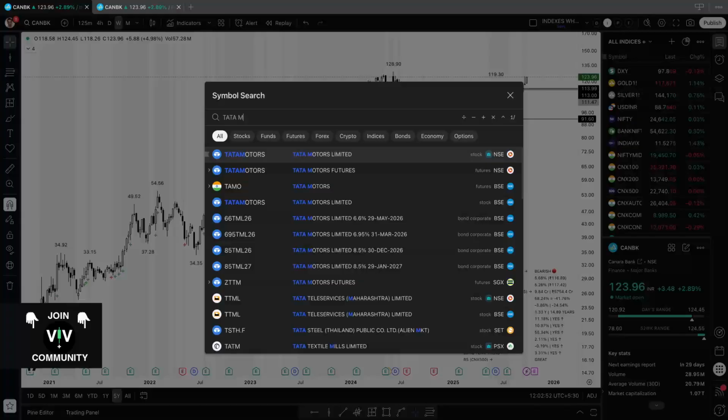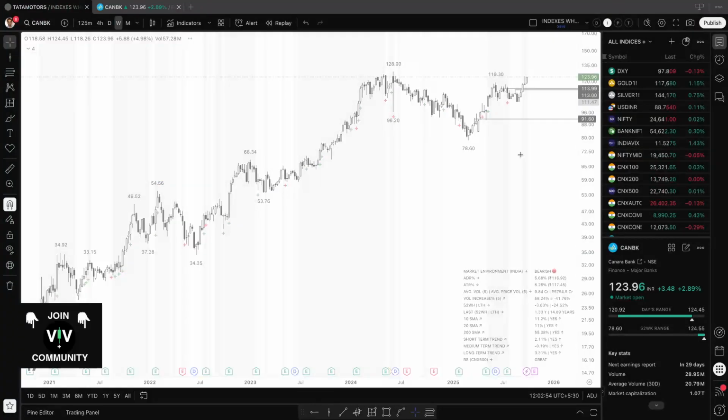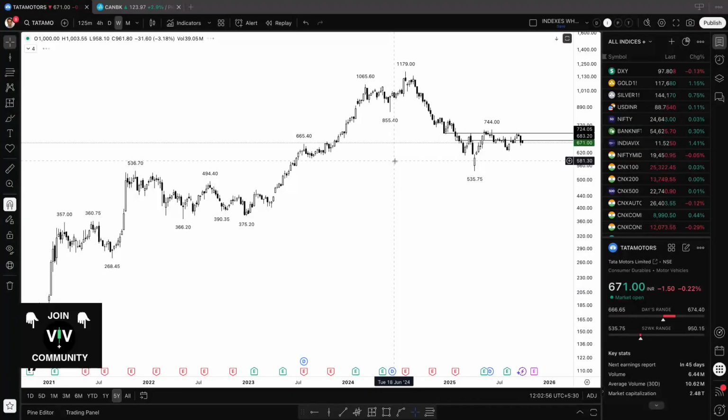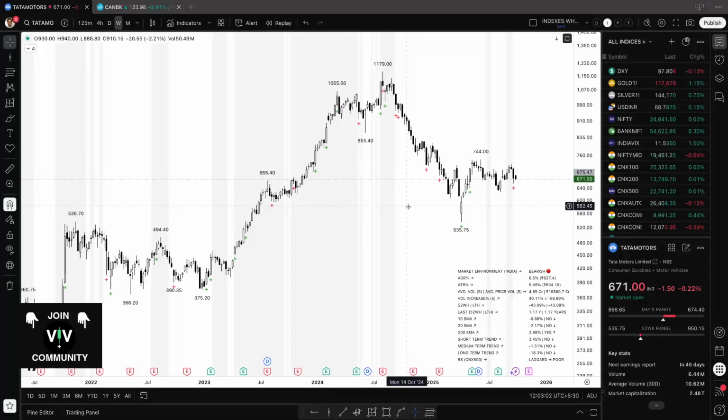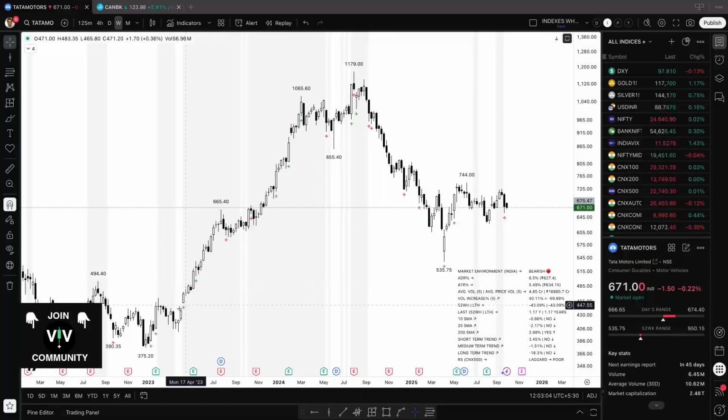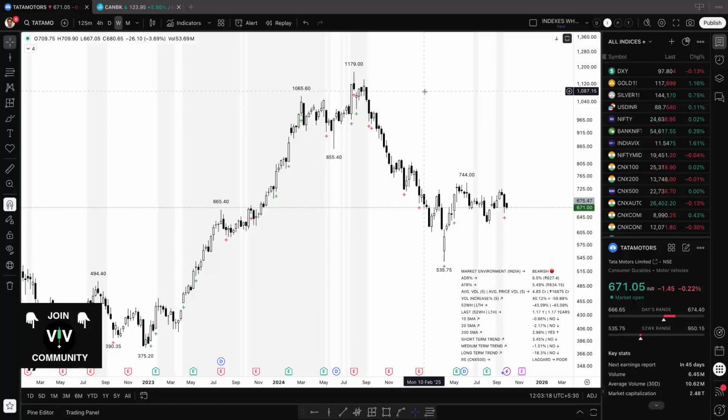like Tata Motors? What happened in Tata Motors was, you can see the trend of Tata Motors started. See how big a trend was started, the background was there. Everything depends on what kind of market is there, either the market is bullish or bearish, what kind of trend is going on.